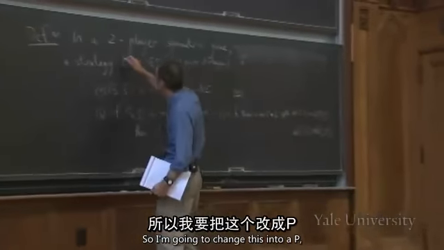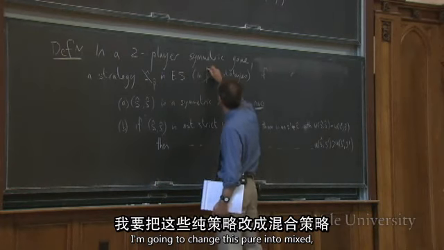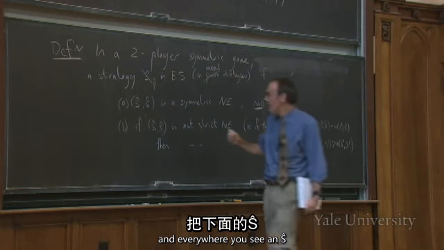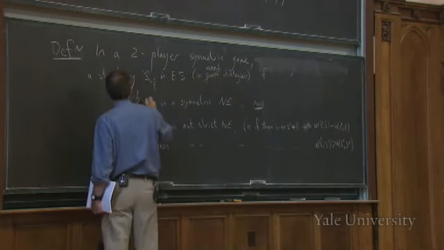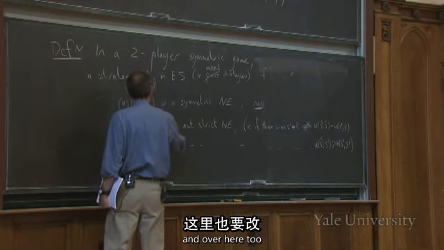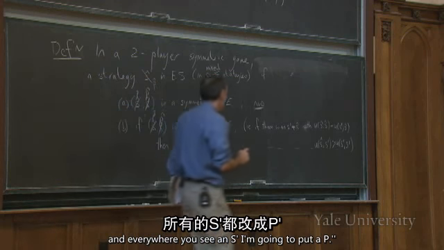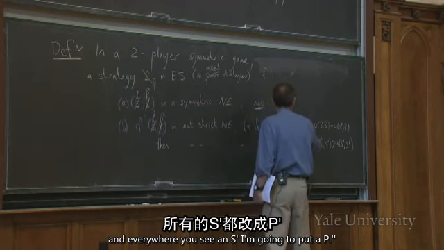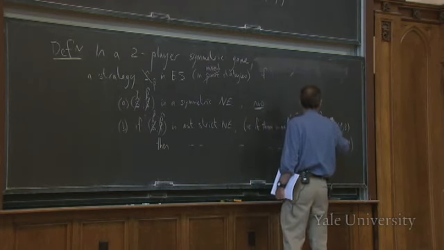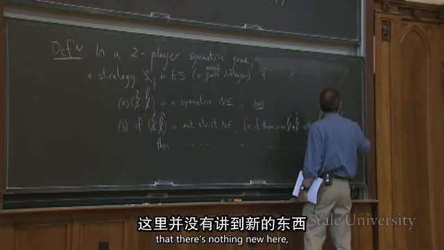So I'm going to change this into a p hat. I'm going to change this pure into mixed, and everywhere you see an s hat, I'm going to put a p hat, and to here too. And everywhere you see an S prime, I'm going to put a P prime. The reason I'm doing it this way is I want to emphasize that there's nothing new here.